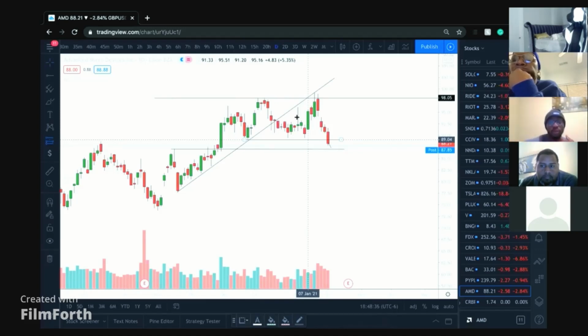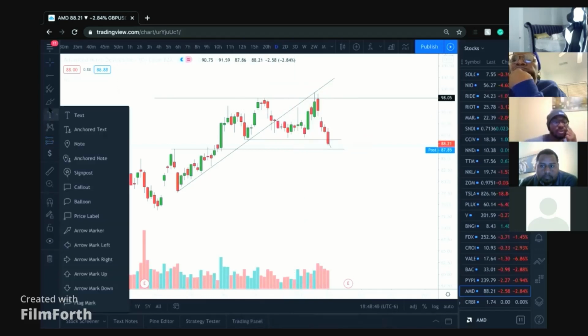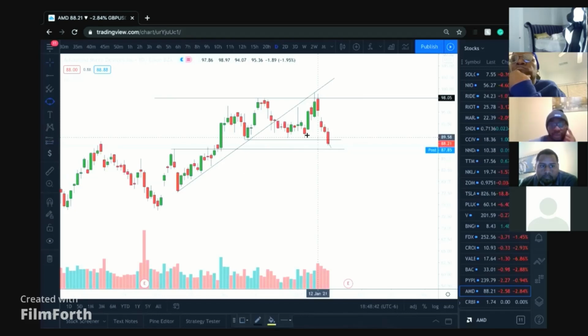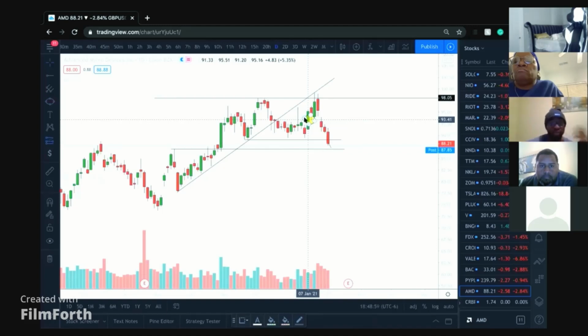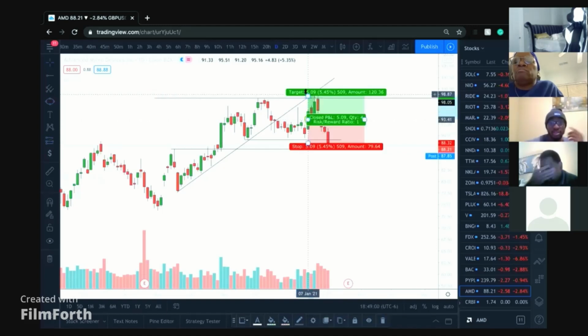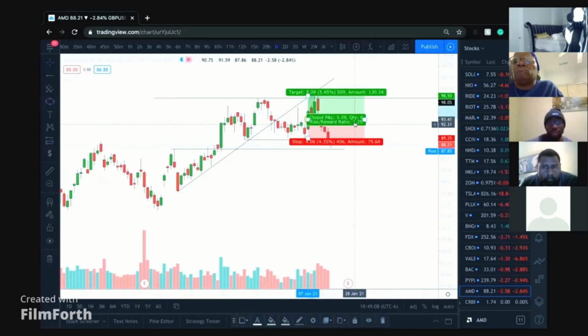Let's say you entered right here, at this little bullish moment, and you want to take it all the way to the upside, which is right there. Then, like I said, it doesn't really matter where you enter as long as you're risking correctly. So if you put it up there as your take profit and your stop loss is down there, it's still relatively a higher reward ratio, but that's never what I usually take.